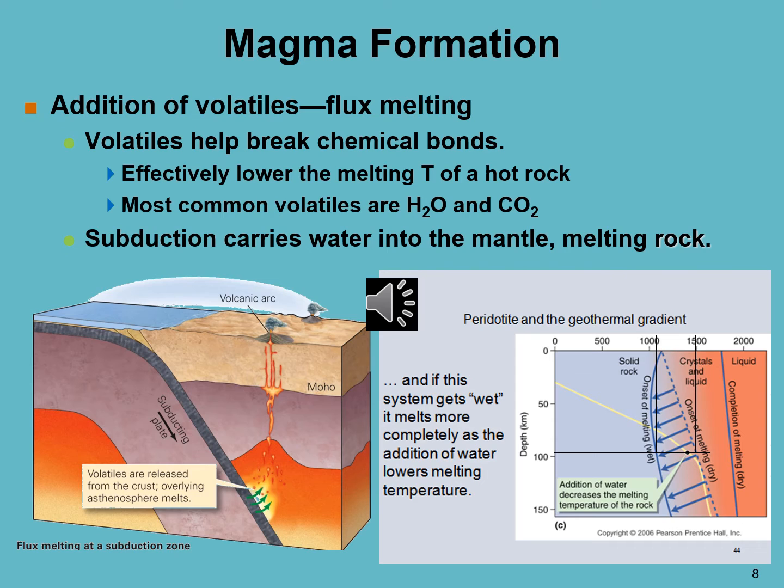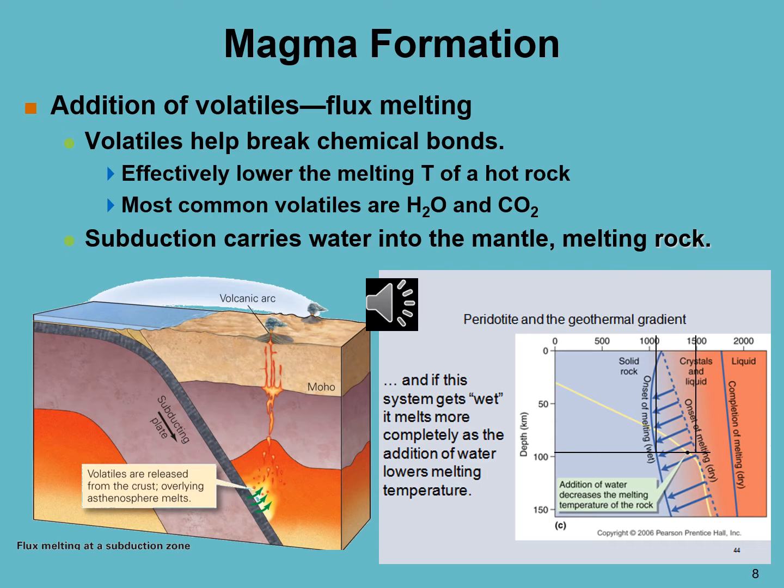In subduction zones, the subducting plate undergoes pressure and heat as it descends. About the time the plate gets to about 150 kilometers deep, water and carbon dioxide that is incorporated in the chemical formula of the minerals in the rock are squeezed out of the rock.